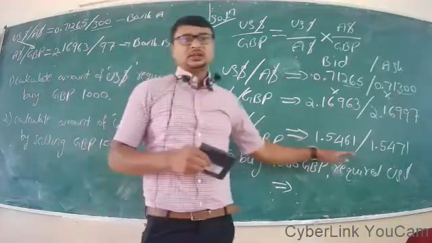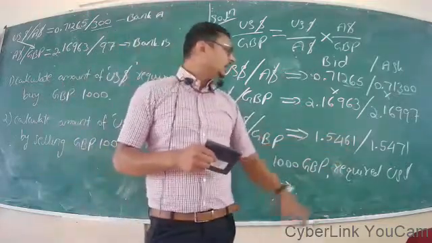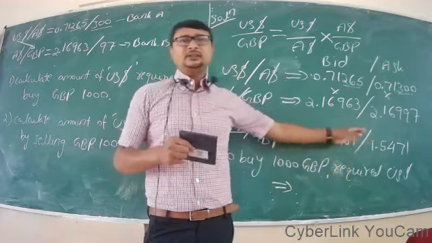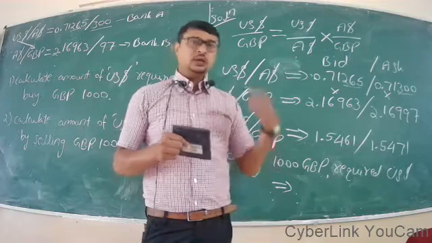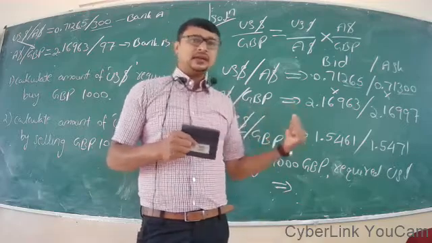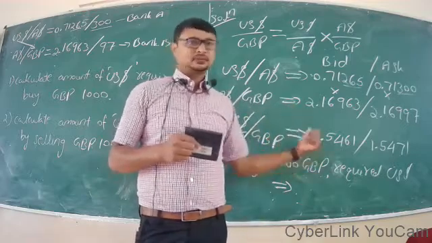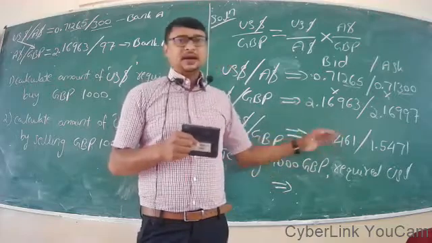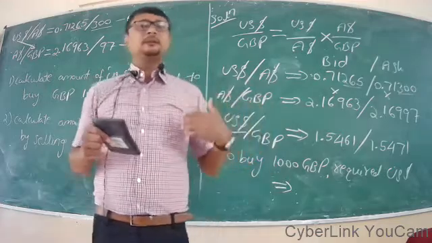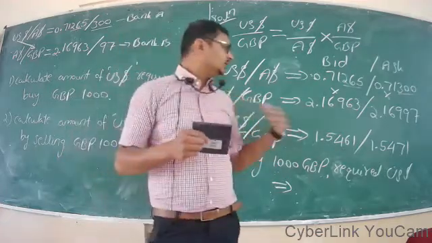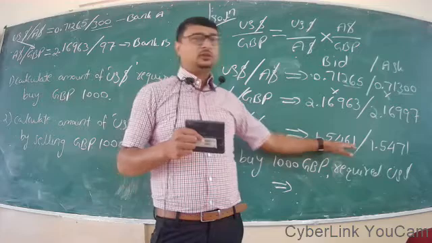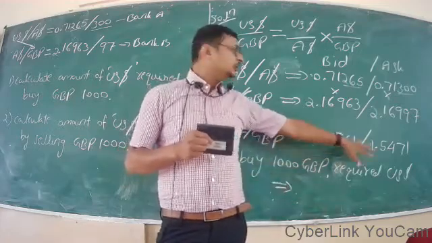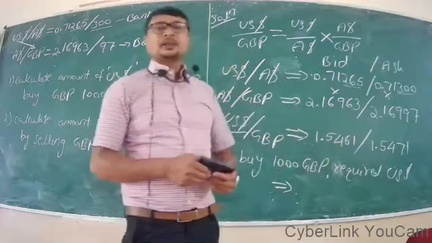This is the quotation given by the banker, right? So this is the banker's buying price and ask price is the banker's selling price. Now I am an individual, I am buying pound from this banker, right? So the banker's bid price is the banker's buying price from me. That is what I sell to the banker at 1.5461, and I buy from the banker at the ask price, that is 1.5471.